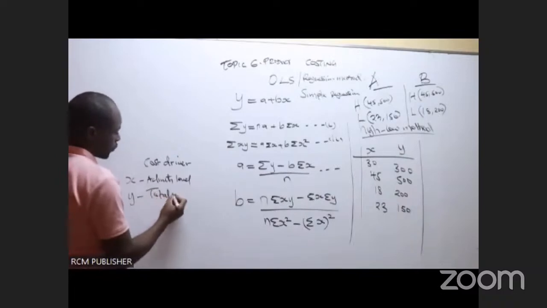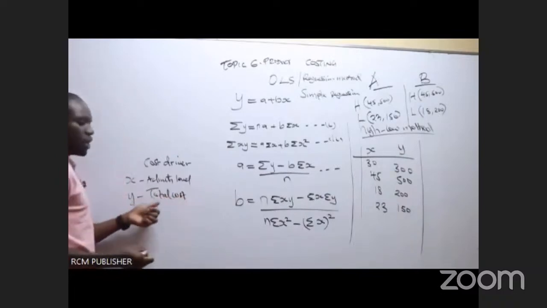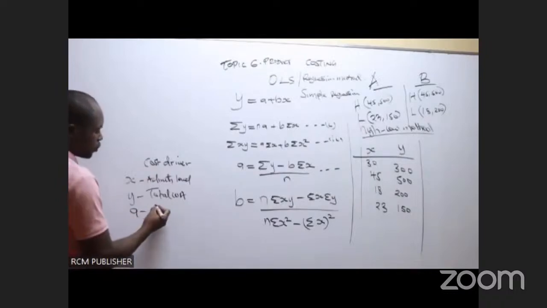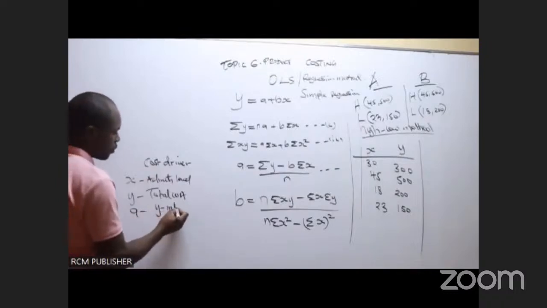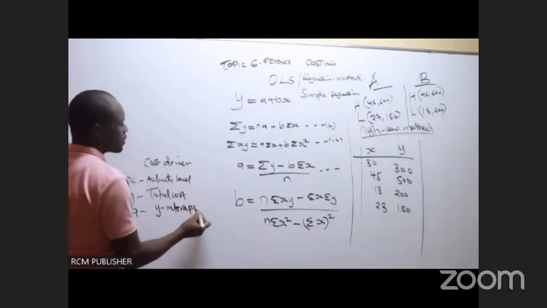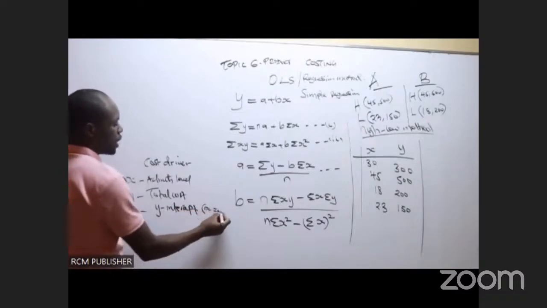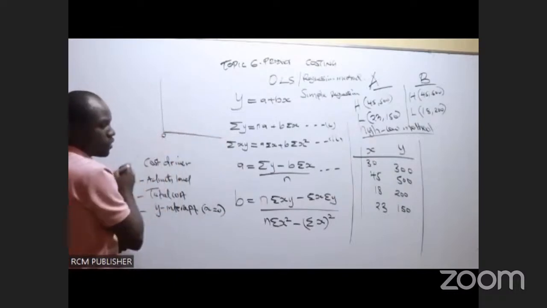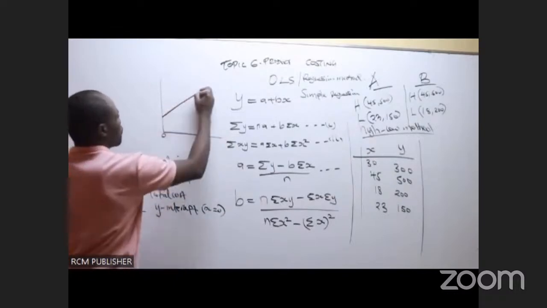For you to get total cost, there is that fixed component, which is A. We normally call it the Y-intercept, whereby X is equivalent to 0. At that point, when X is equivalent to 0, you've not produced any unit, but you've already incurred some cost.